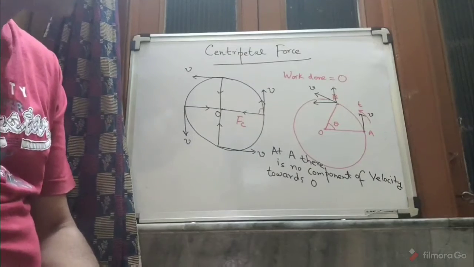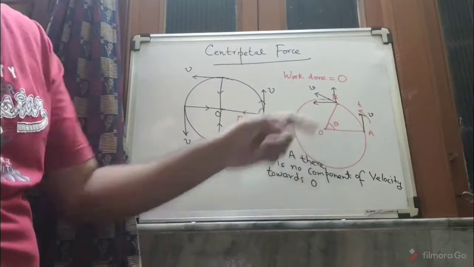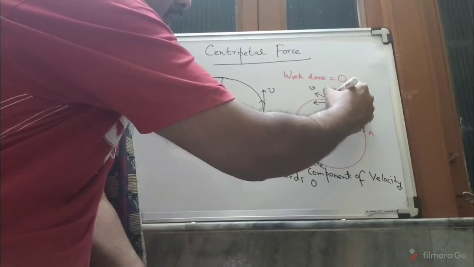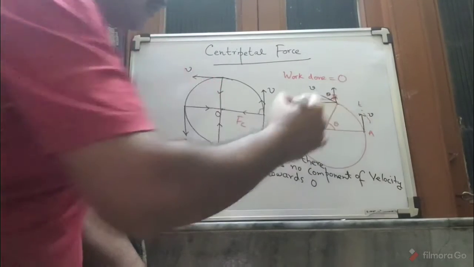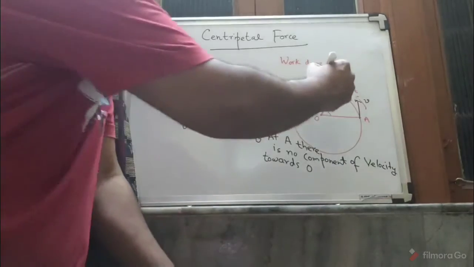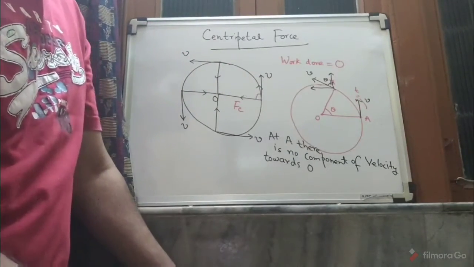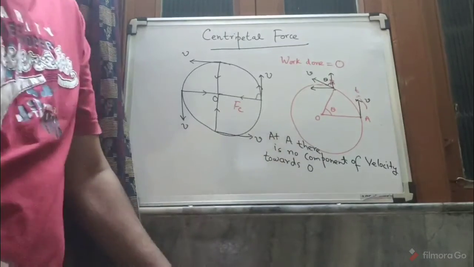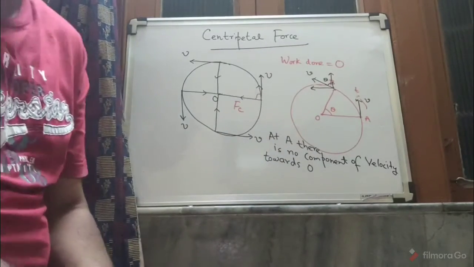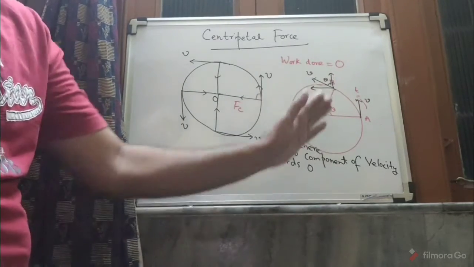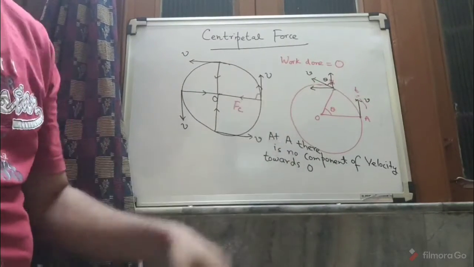If this angle is theta, you can easily verify that this angle is also theta. Why is this angle theta? Because from your class 10 geometry, you know the angle between two straight lines is equal to the angle between their normals.